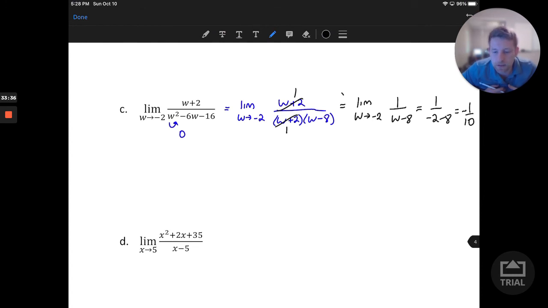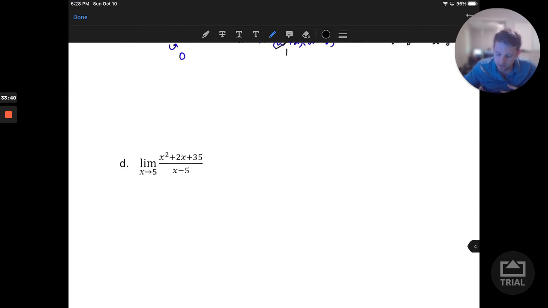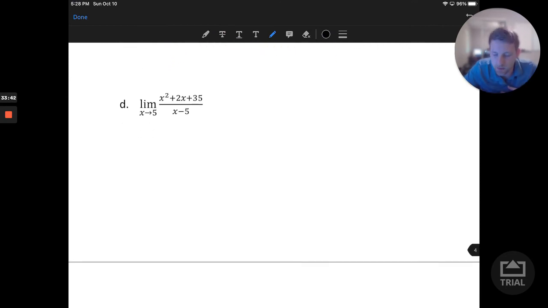Part D is another example where we can use a factoring technique to evaluate our limit. Again, if we notice, evaluating here at x equals 5 produces a 0 in the denominator, making this function undefined.